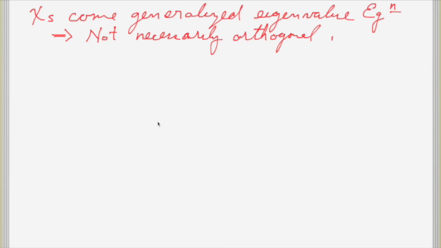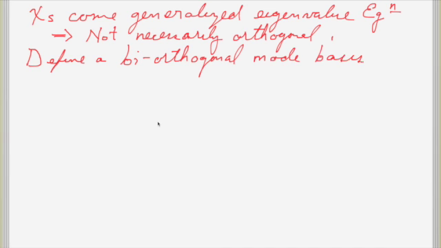Formally, whenever you have a non-orthogonal basis set, you define a bi-orthogonal mode basis. And this is just something that we do for formal manipulation. I don't think we ever need to know what this bi-orthogonal set is. We know the chi's, right? The chi's are given. They're whatever we got out of our generalized eigenvalue solver.